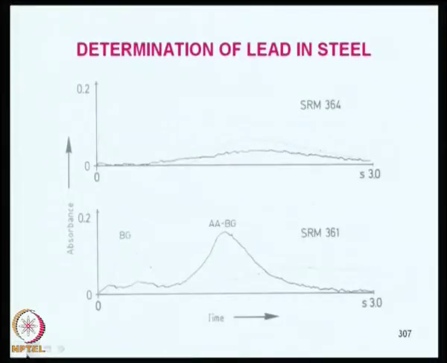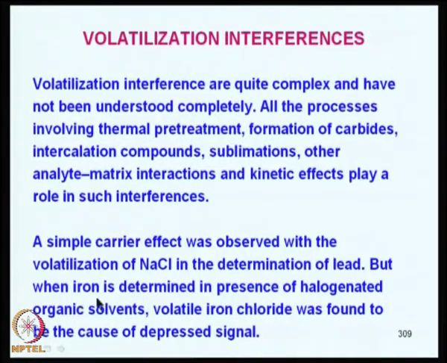A simple carrier effect was observed with the volatilization of sodium chloride in the determination of lead. Just now I showed you that slide, this one, lead. And when iron is determined in presence of halogenated organic solvents, volatile iron chloride was found to be the cause.